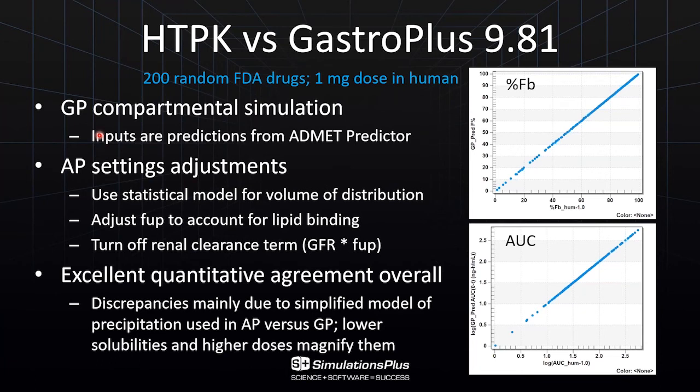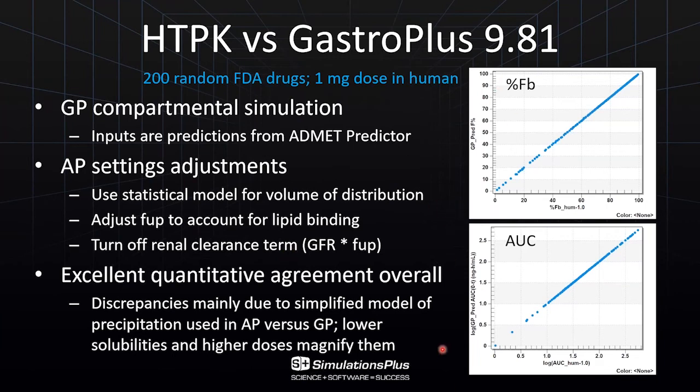So in Gastro, we ran compartmental simulations using predicted properties from ADMET Predictor as the inputs. Then in Predictor, we had to make a few settings adjustments to ensure consistency with Gastro. So the volume of distribution was switched back from the mechanistic to the statistical model. The adjusted FUP setting was turned on, and the renal clearance term was turned off.